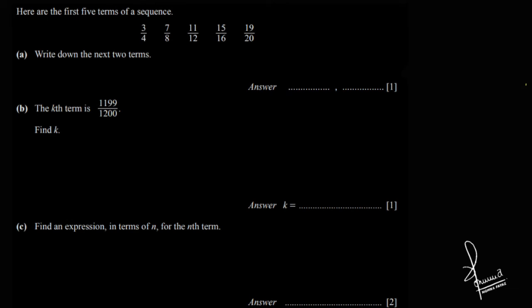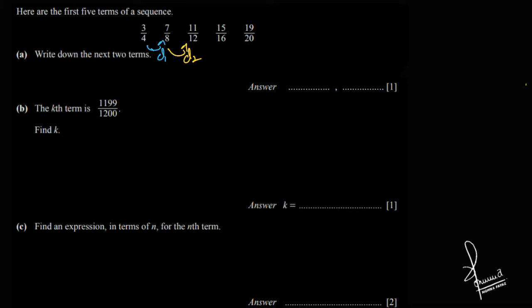Let's look at another question. Here are the first 5 terms of a sequence. So they've given you the first 5 terms of the sequence and they're asking you to write down the next 2 terms. अब सबसे पहले, is this whole sequence, this whole fraction sequence, is it an arithmetic sequence? For it to be an arithmetic sequence, let's say this is D1, let's say this is D2.